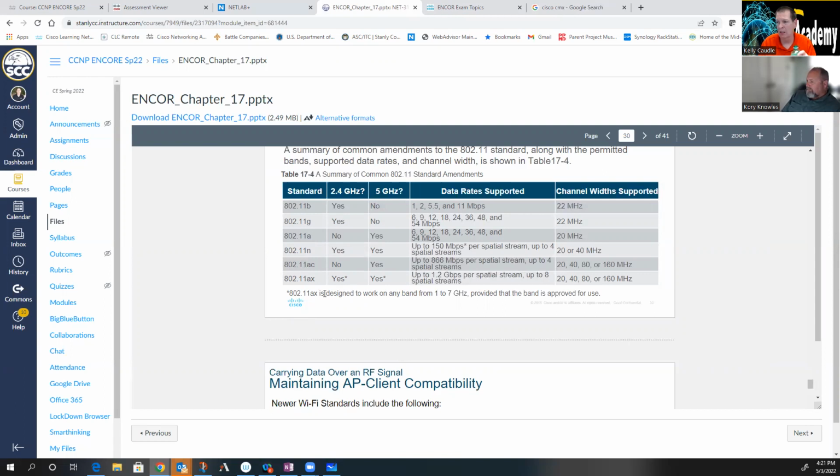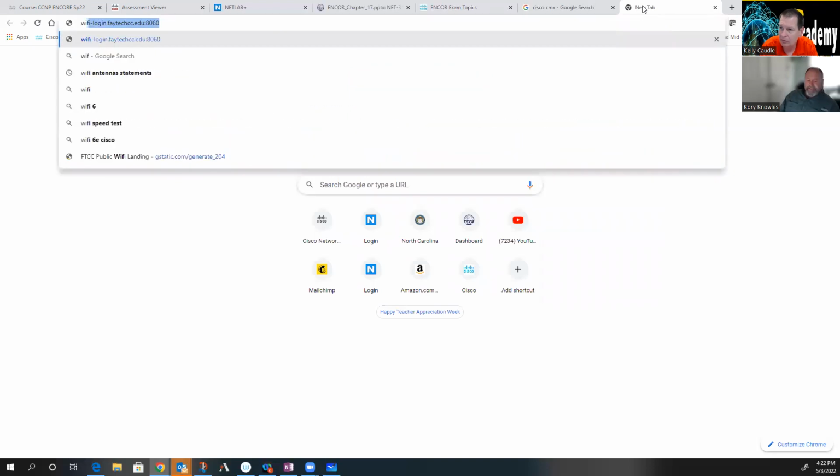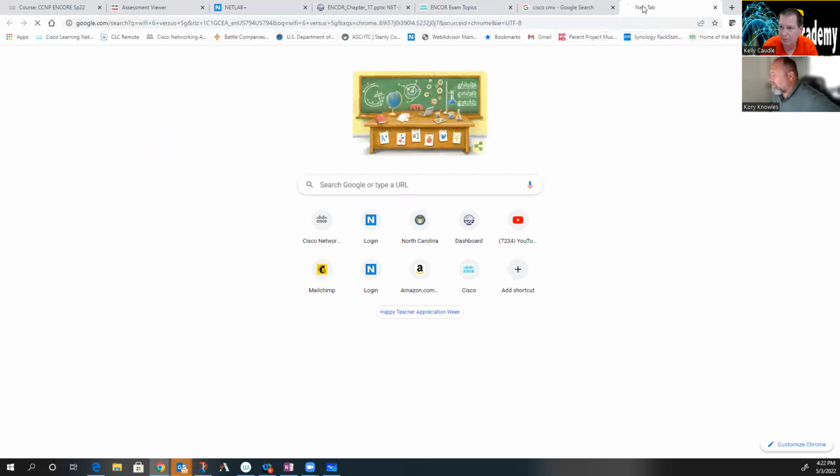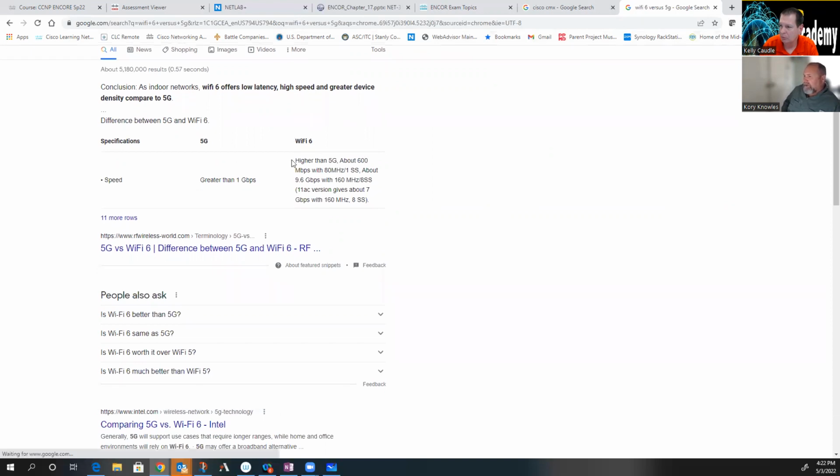And then of course we've also got even newer standards out now, that Wi-Fi 6, which, unless I'm mistaken, and tell me if I'm wrong, but Wi-Fi 6 and 5G are really basically the same standard. No, they're not. 5G is cellular. Wi-Fi 6 is the AX standard, and Wi-Fi 7 is coming. 5G is just the 5th generation of the wireless network, whereas Wi-Fi 6 is the newest standard.